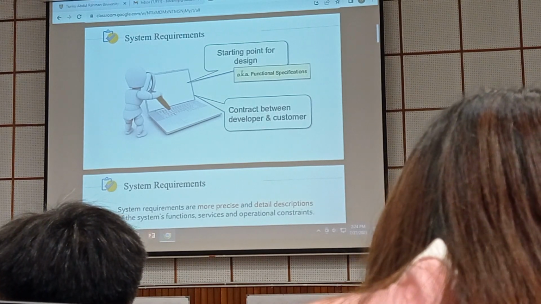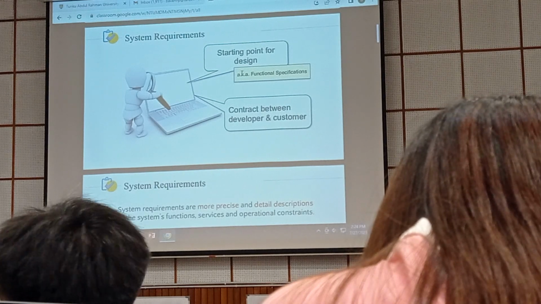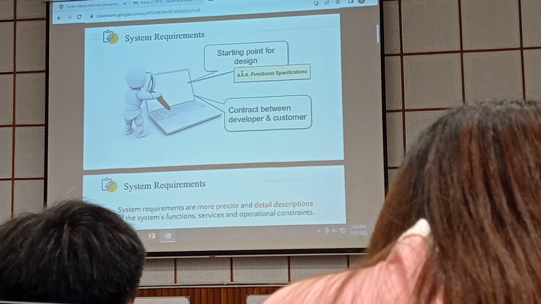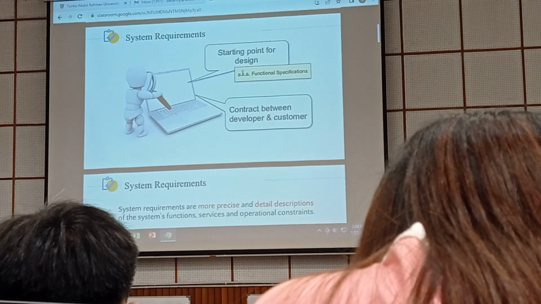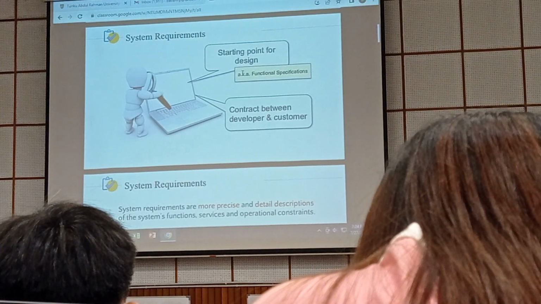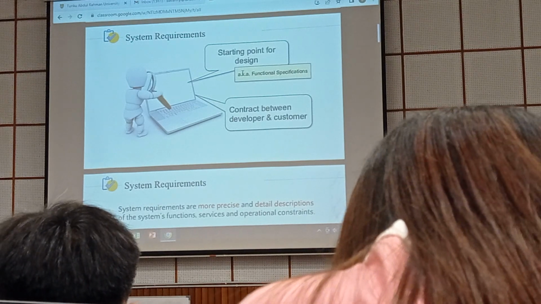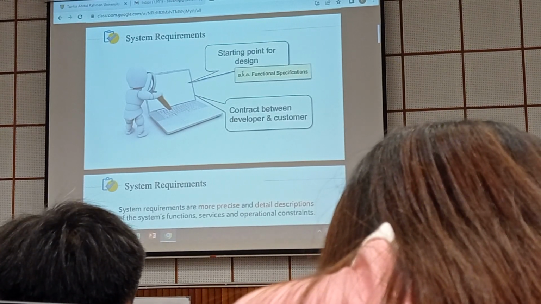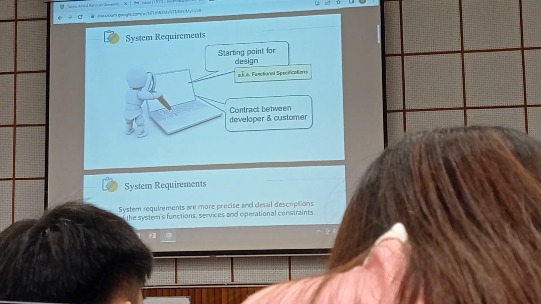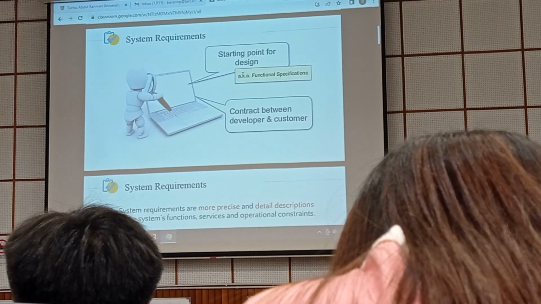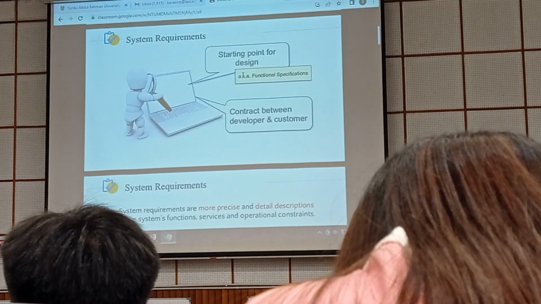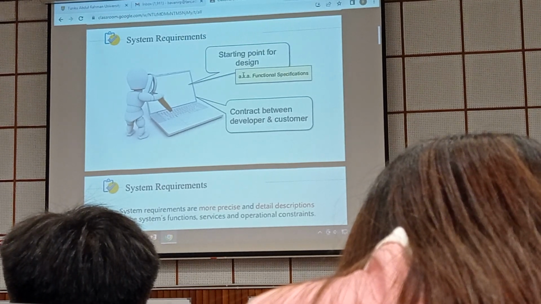If the user clicks cancel, what should the system do next? If the user clicks save, what should the system do next? If the user clicks log out, what should the system do next? You understand? That is called system requirement.